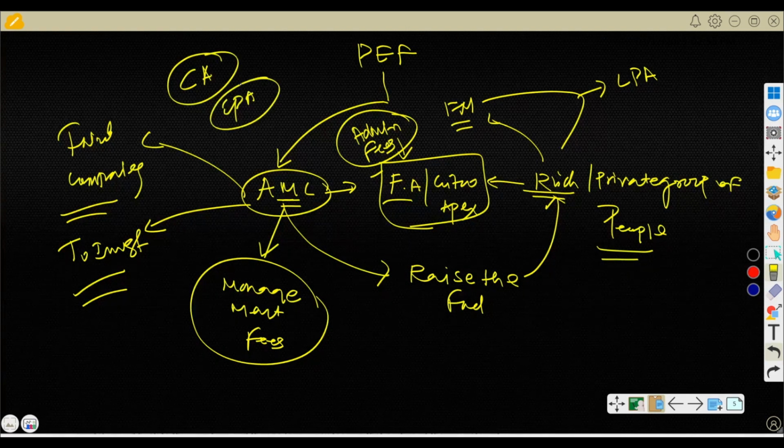Most of the cases, they are looking for candidates who have completed at least CA intern or CA, or CPA or any accounting program, because there are similarities between auditing and fund admin activities.